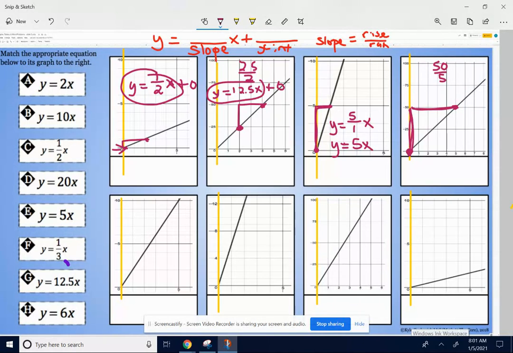Now 50 over 5 can be reduced; just think of it as 50 divided by 5, which is 10. So my equation is y equals 10x. It'd be plus 0 at the end because the y-intercept is 0, but that's simply y equals 10x. In the next video we'll go over the bottom 4.